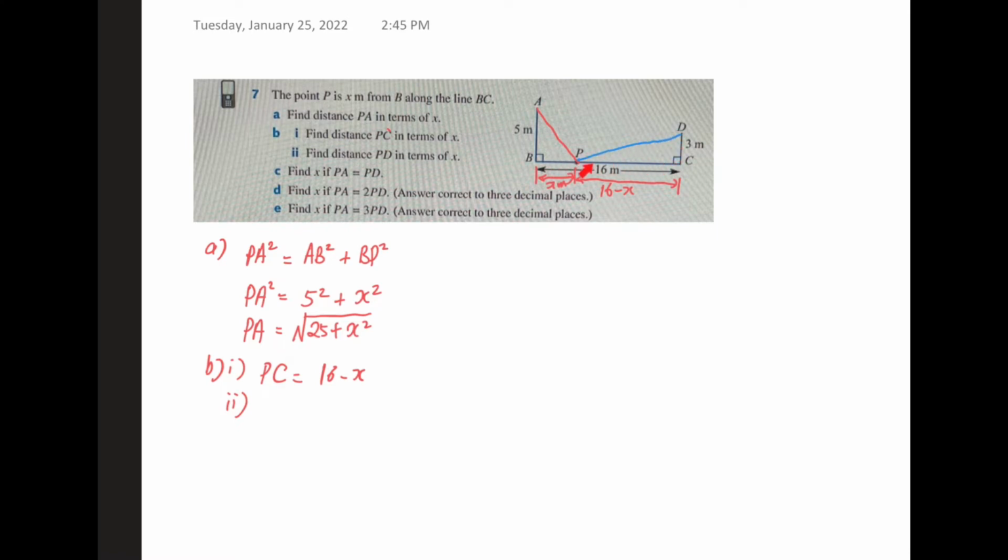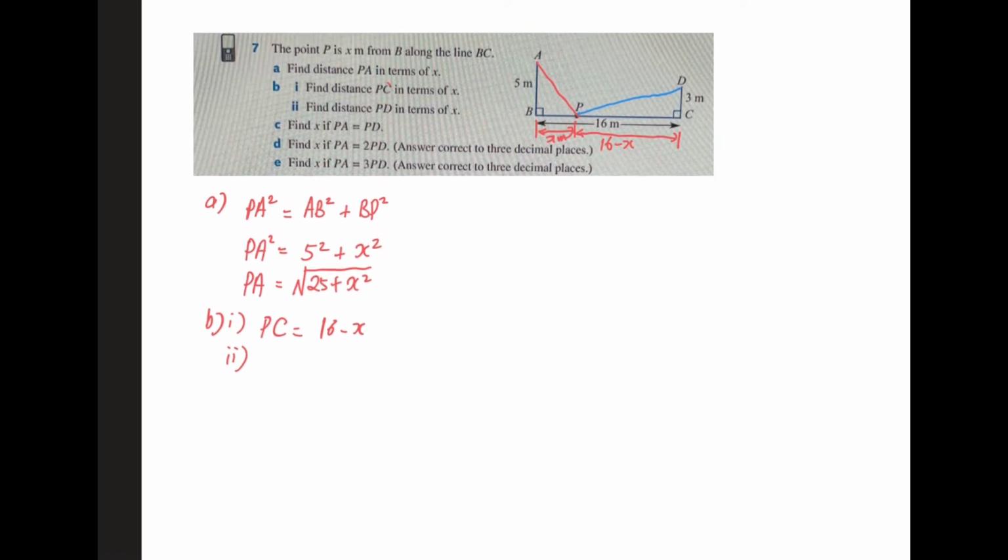So we have to use Pythagoras Theorem again, where PD power 2 equal to PC power 2 plus CD power 2. PC is going to be 16 minus x square. And then 3 square.